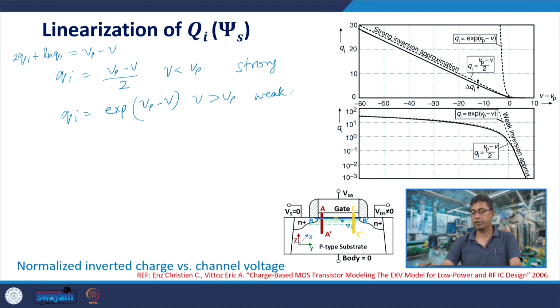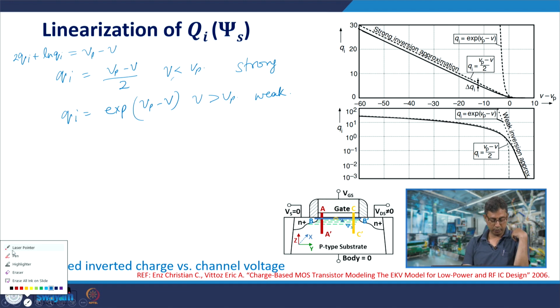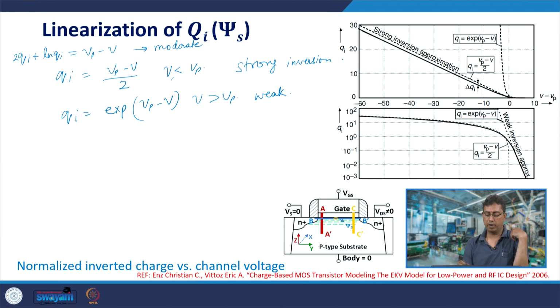But when you are very close to the boundary of strong inversion and weak inversion, that is you are in moderate inversion kind of regime, you would observe that neither of the two approximations are well valid. So, when V is comparable to Vp, neither of the two approximations are valid, and you must take this into consideration. So, we would say that this is for moderate inversion, strong inversion and weak inversion.